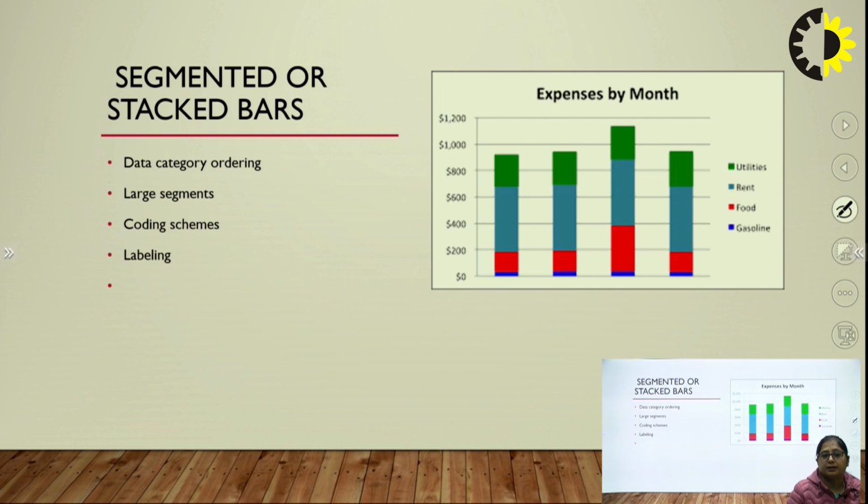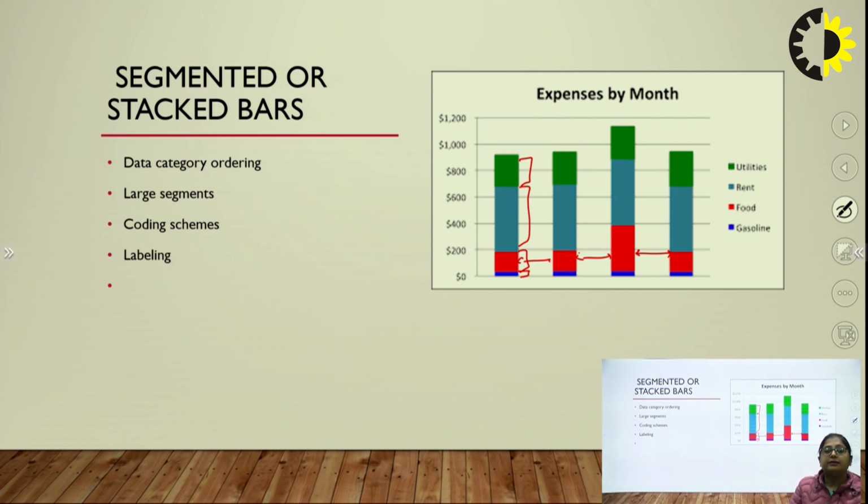Segmented or stacked bar is used to categorize the data ordering. Here you can see the bars with equal spacing between them. This is like the simple bar we used in the previous slide, but you can see here the color difference within a single bar. Within a single bar there are 4 colors used: blue, red, sky blue and green.